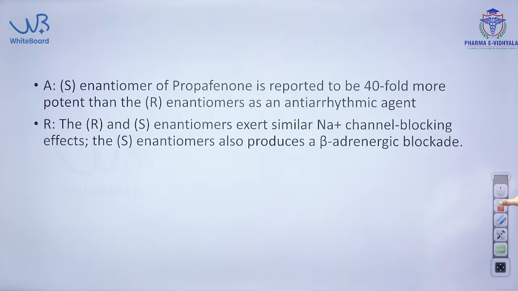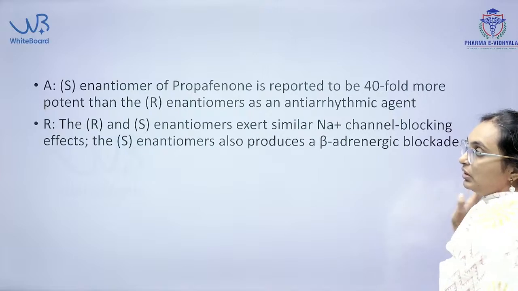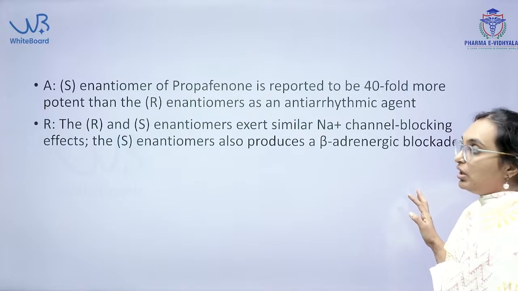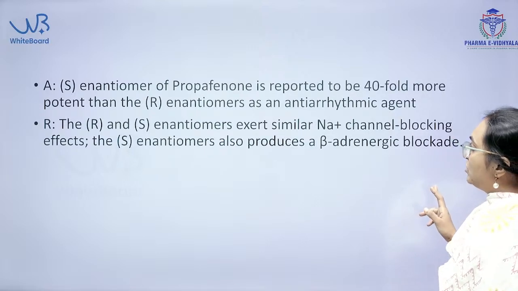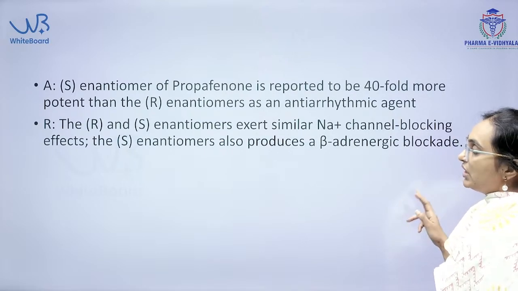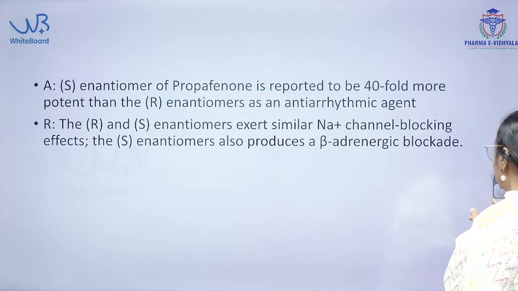One important point here: the S enantiomer of propafenone is reported to be 40-fold more potent than the R enantiomer. R and S enantiomers exhibit similar sodium channel blocking effects, while the S enantiomer also exhibits beta adrenergic blockade.